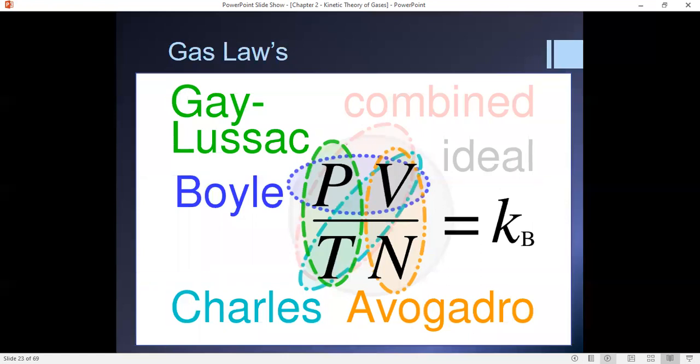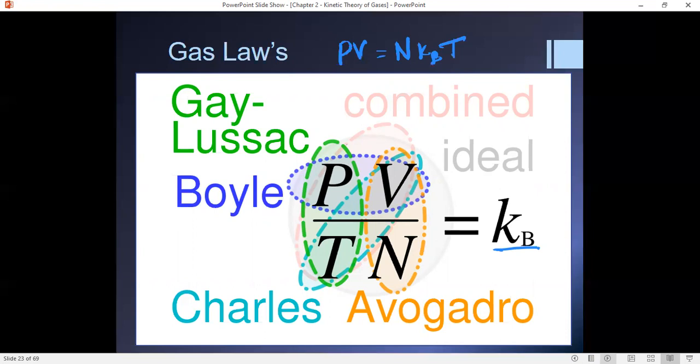Now, look at this right here. This is rewriting the ideal gas law, PV equals capital N k_B T, and putting k_B off to the right-hand side. So look and see what we have here.